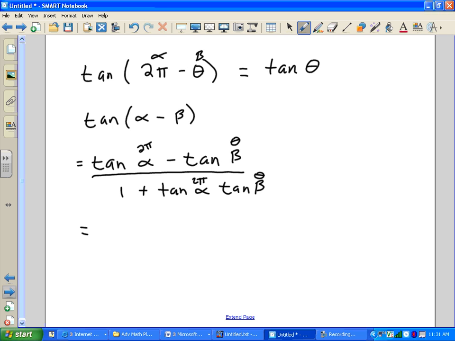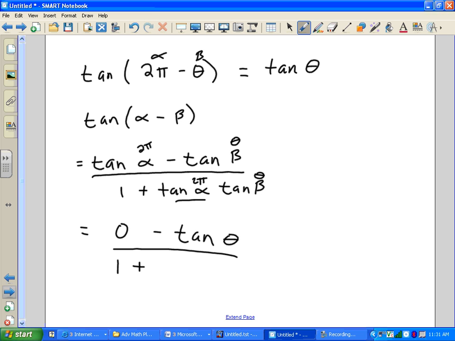So, y'all, what's the tangent of 2 pi? Sine over cosine. 2 pi is 0 over 1, would be 0, okay? Minus tangent of theta over 1 plus. Now, remember we said earlier that the tangent of 2 pi was 0.